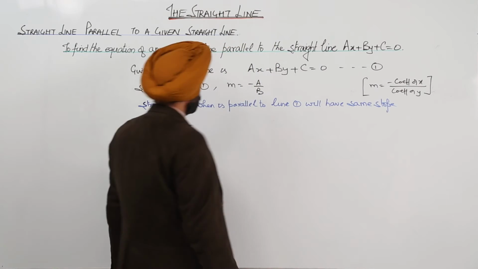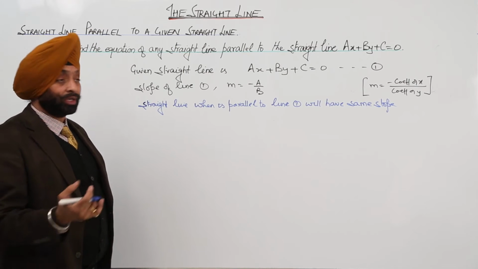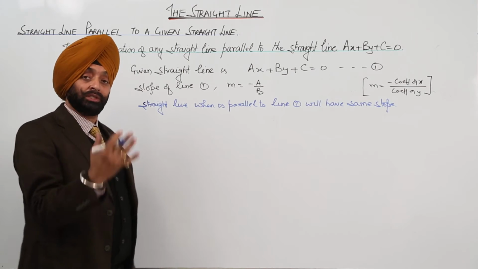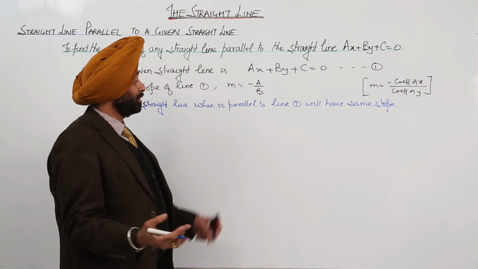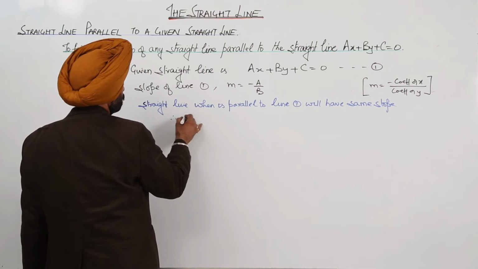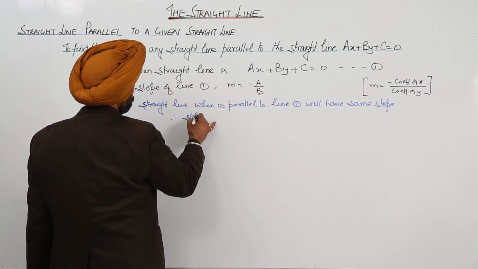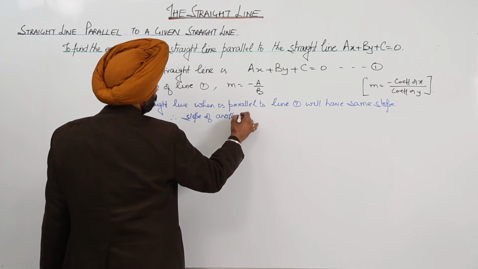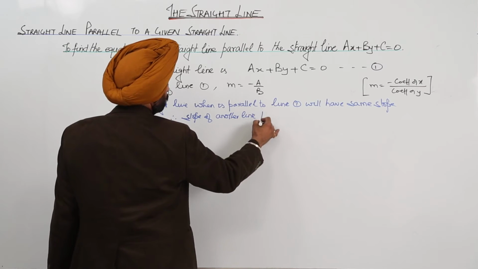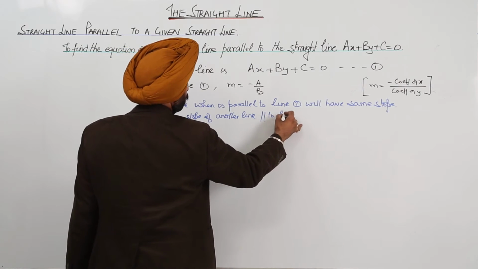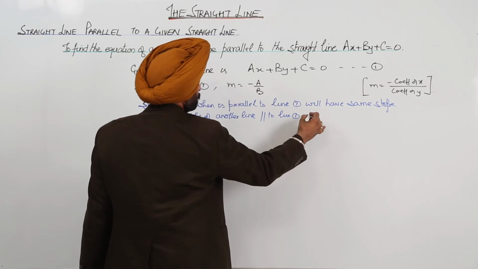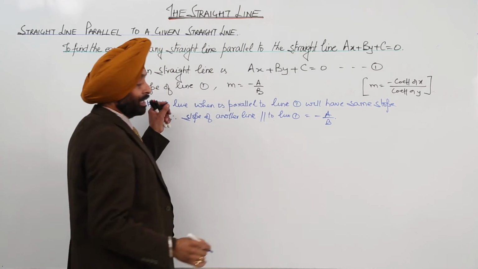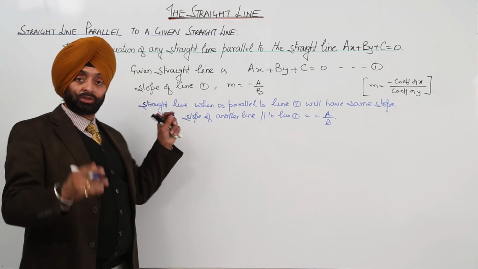Or you can make your own statement here. You can write it: slope of a straight line parallel to line 1 is equal to the same, minus a upon b. Therefore, slope of another line parallel to line 1 is equal to negative of a upon b. Now, I have written the upper line just to explain to you.